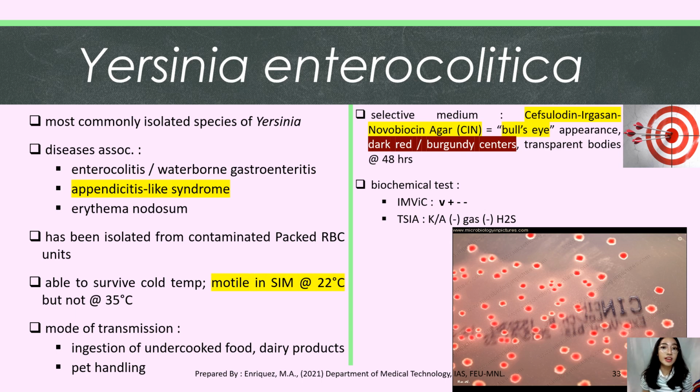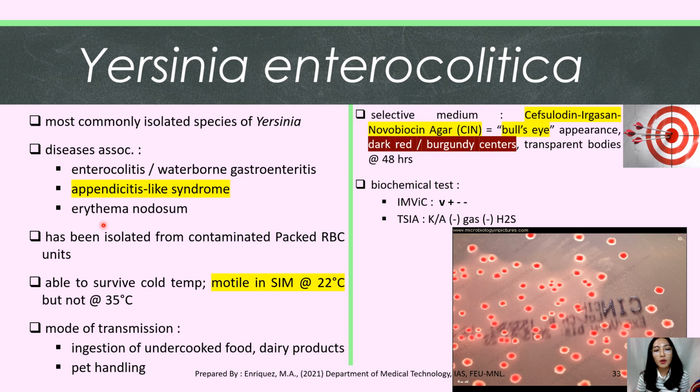Next is Yersinia enterocolitica. This is the most commonly isolated species of Yersinia, and it causes infections typical of an enterobacteria such as waterborne gastroenteritis or enterocolitis. Do take note, though, that this pathogen has the ability to cause an infection whose clinical manifestations can mimic those of someone who is suffering from appendicitis, hence the term appendicitis-like syndrome.